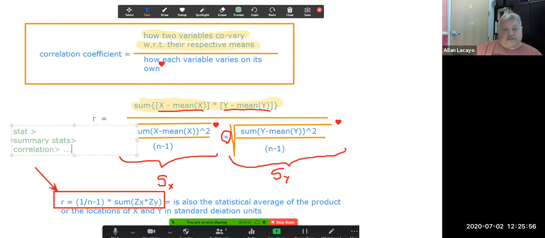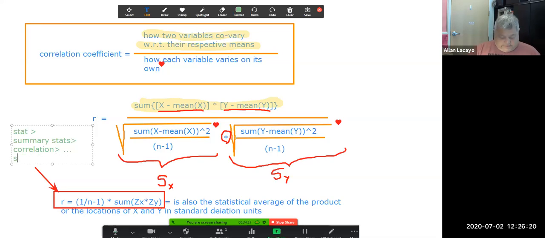Upon entering this third item in the menu, Stat, Summary Stats, Correlation, you are given the opportunity to tell the software where the variable called X is and where the variable called Y is located in your data table. So you have to have 2 paired variables in your data table in order to compute a correlation.